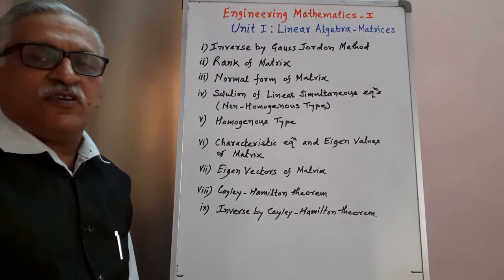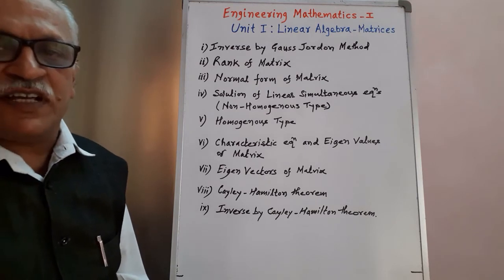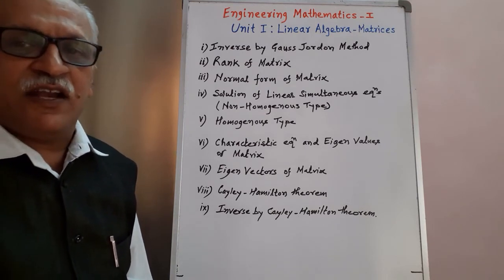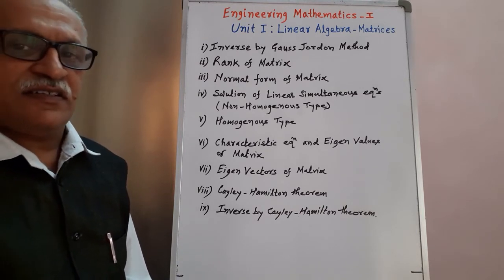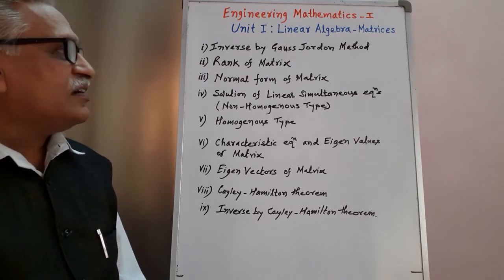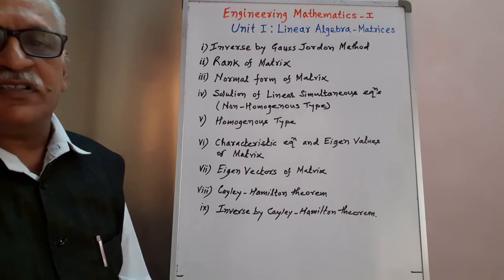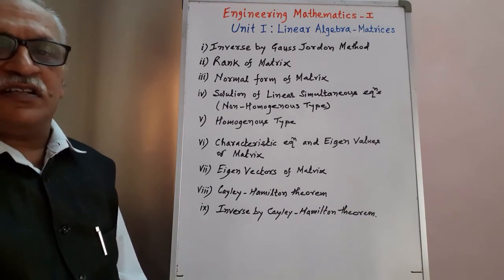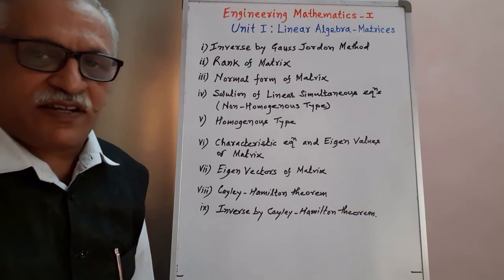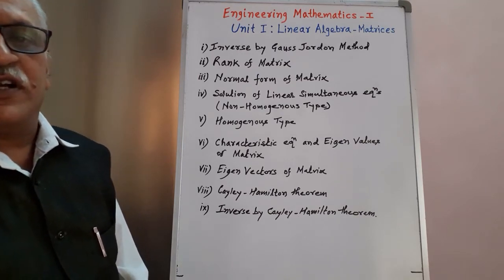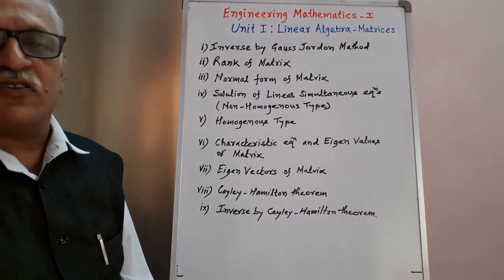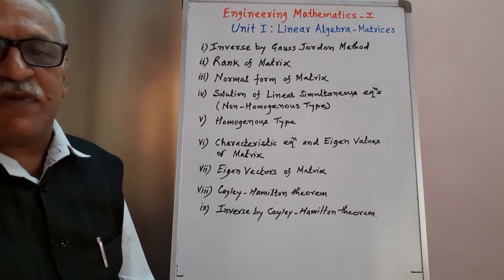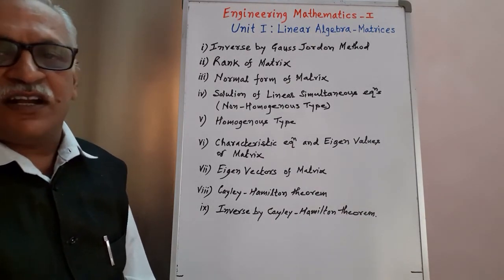matrices. Therefore, it is the continuation of whatever you have studied in 11th and 12th in the chapter of matrix, for which two things are important. First one, all the basic definitions of matrices, means you have to revise what is a matrix, types of matrices, row matrix, column matrix, identity matrix, square matrix, null matrix.